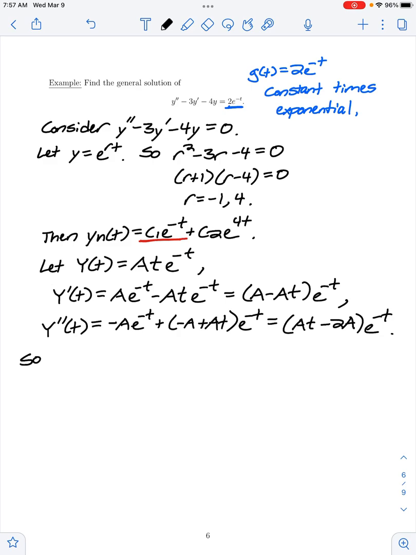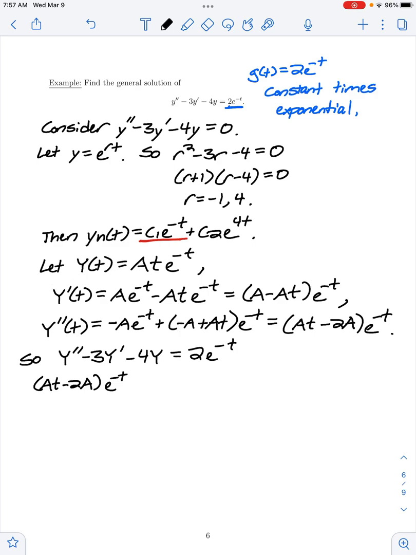And now let's substitute into our non-homogeneous equation. We're looking for y double prime minus 3y prime minus 4y, and we need this to equal 2e to the negative t. So substituting in for y double prime, we had at minus 2a e to the negative t.